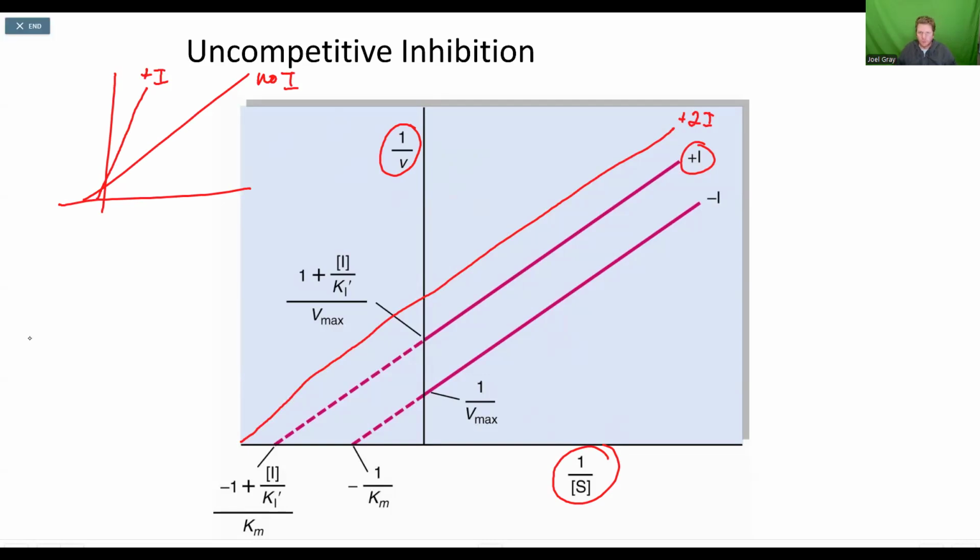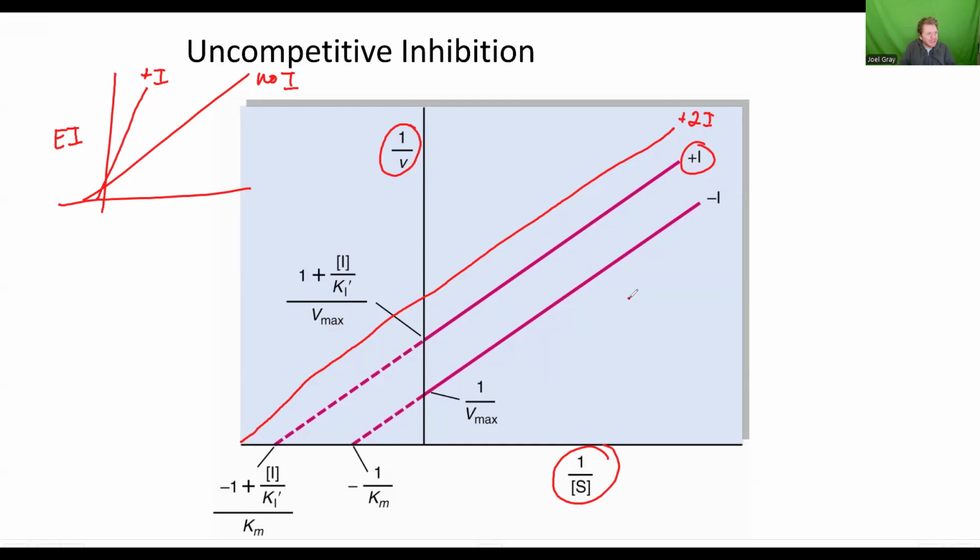Okay, so I like to take these piecemeal: let's look at the individual graphs and reflect on them. So we've got a competitive inhibitor, we've got an uncompetitive inhibitor. What kind of complexes can form? The EI complex will form with this type of inhibitor.